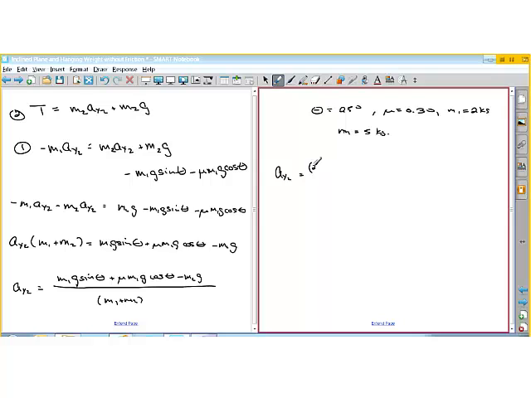Okay, so we have M1, which is 2 kilograms, times g, which is 9.8 meters per second squared, times the sine of 25 degrees, plus the coefficient of friction times M1 times g. I'm going to leave the units off because I'm running out of space here. That's times the cosine of 25 degrees, minus M2, which is 5 kilograms, times g, which is 9.8 meters per second squared.